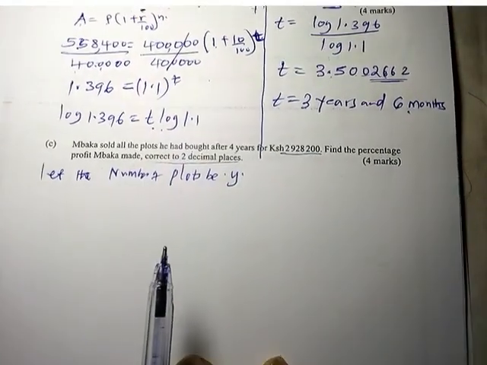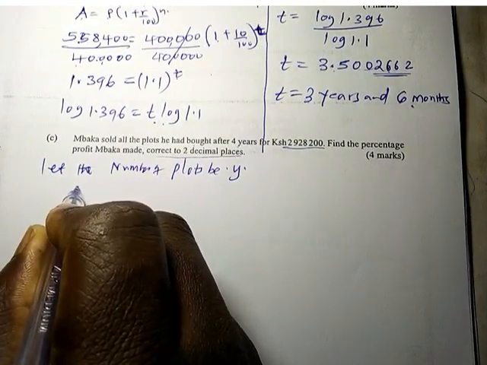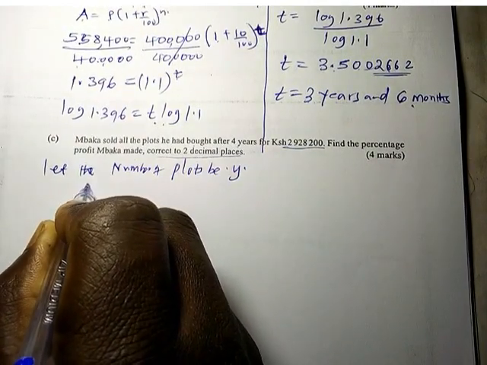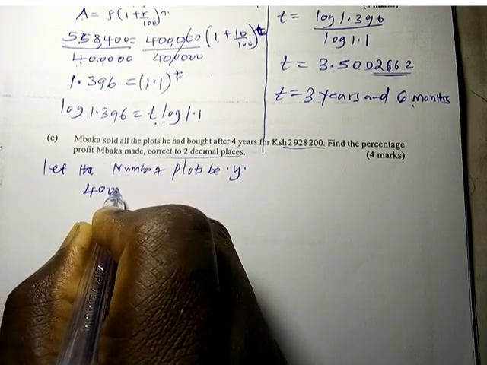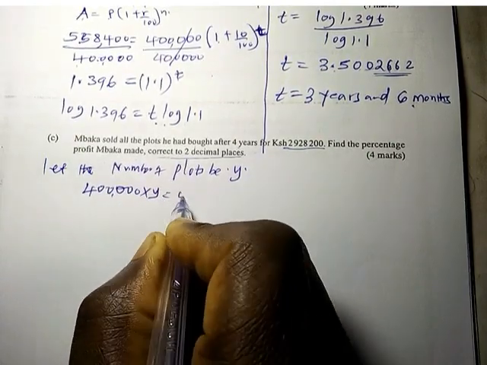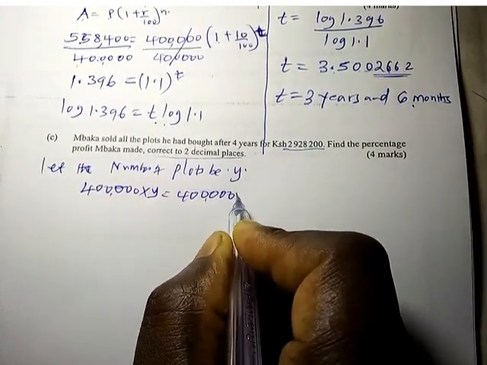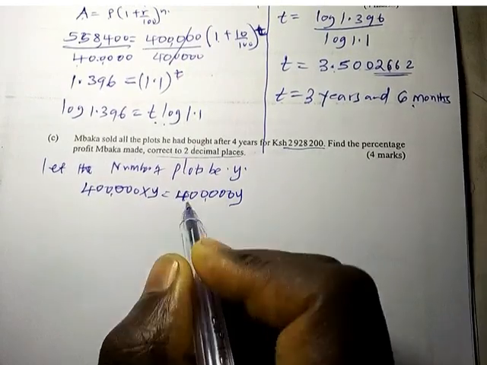If the number of plots is y, we know he was buying one plot at 400,000. So all of the plots will cost Kenya shillings 400,000 times y. So we will have 400,000y. That is the principal he has.